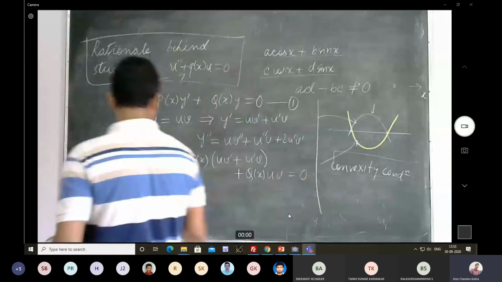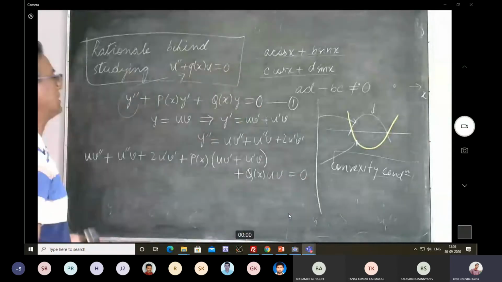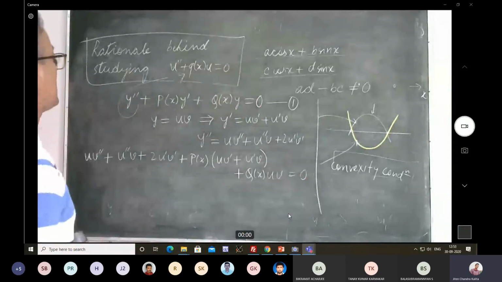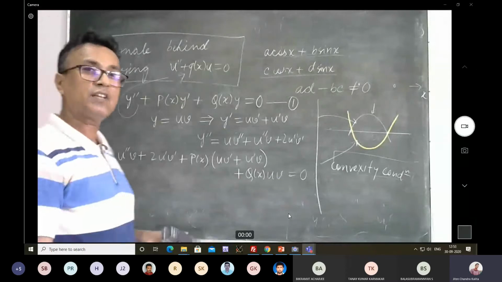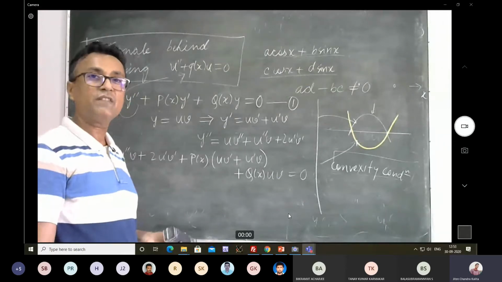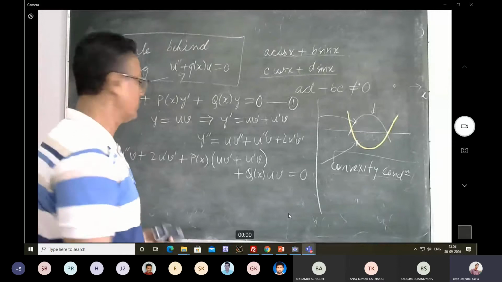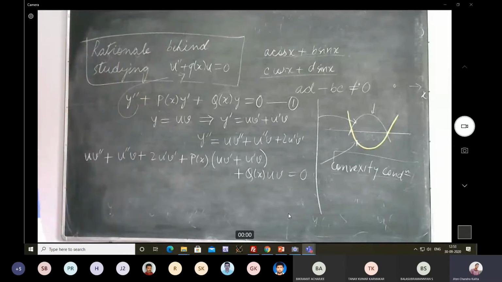Let me tell you what I'm trying to do. I would like to get an equation in the variable u in such a way that the first order derivative vanishes.